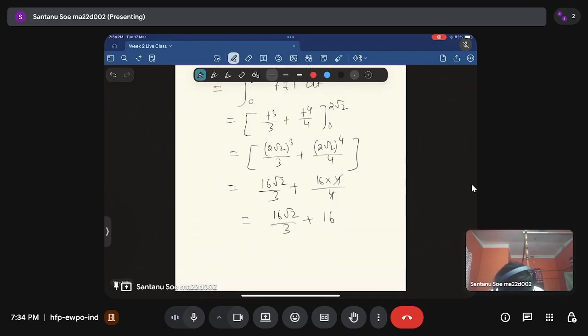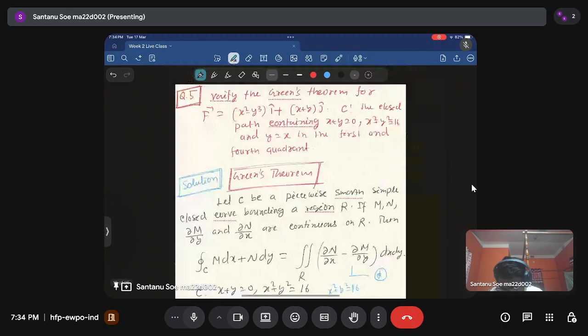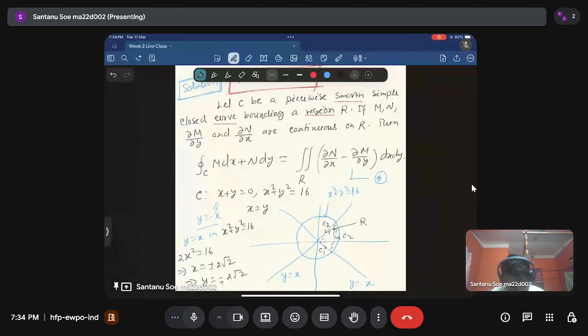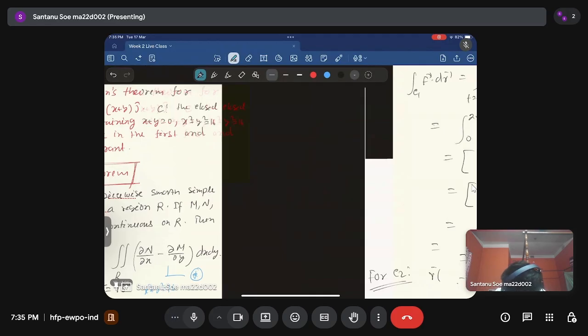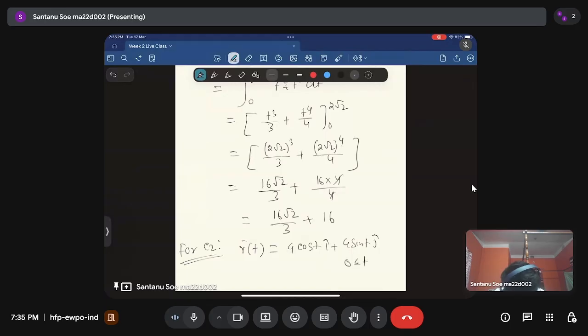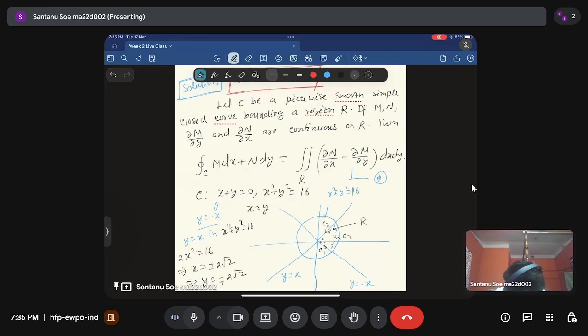Okay. So now for C2, r of t is 4 cos t i cap plus 4 sin t j cap, where t is from minus pi by 4 to pi by 4, because for this curve C2, the value of t ranges from here to here.